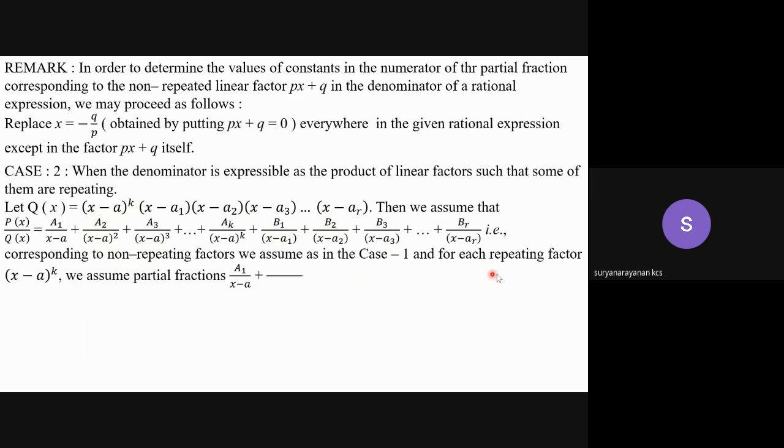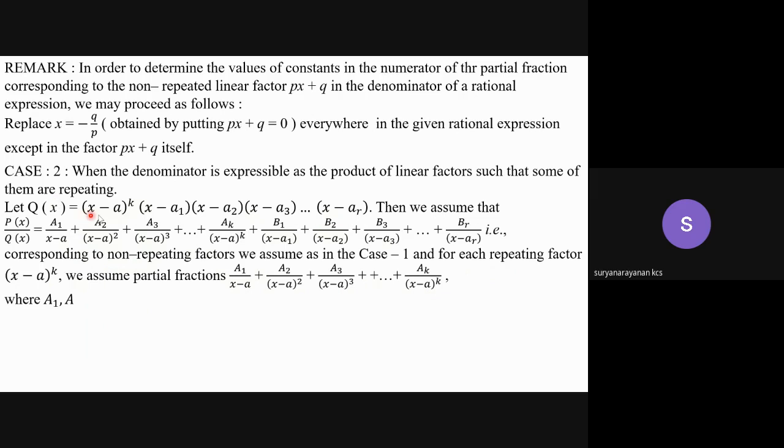And for each repeating factor x minus a whole power k, we assume partial fractions a1 by x minus a plus a2 by x minus a whole square plus a3 by x minus a whole cube and so on, ak by x minus a whole power k.